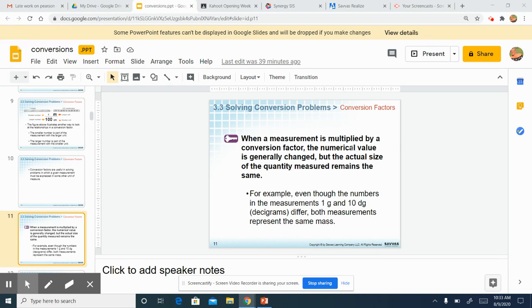So, for example, even though the numbers 1 gram and 10 decigrams differ, both measurements represent the same mass. One foot or 12 inches are the same distance, but the numerical value is different.